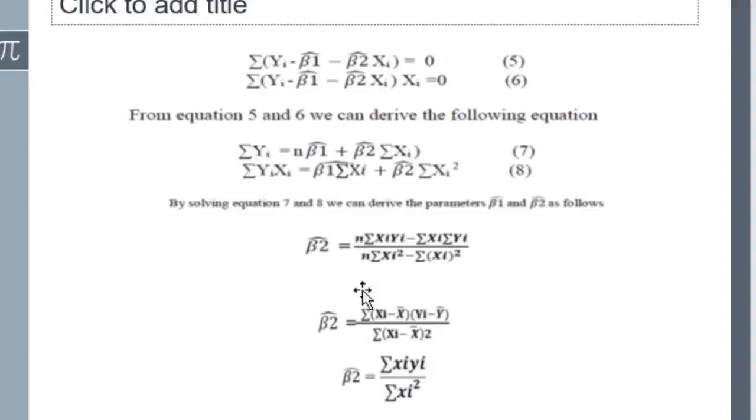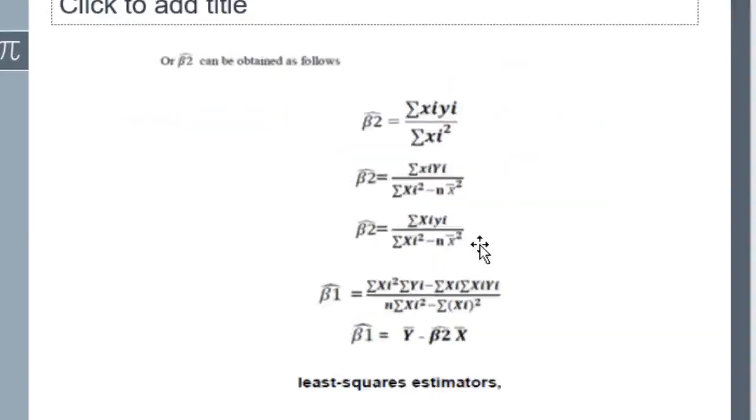These are the various formulas that we can use for estimating beta 2 cap, for which we have different equations, and beta 1 can be estimated using these two.